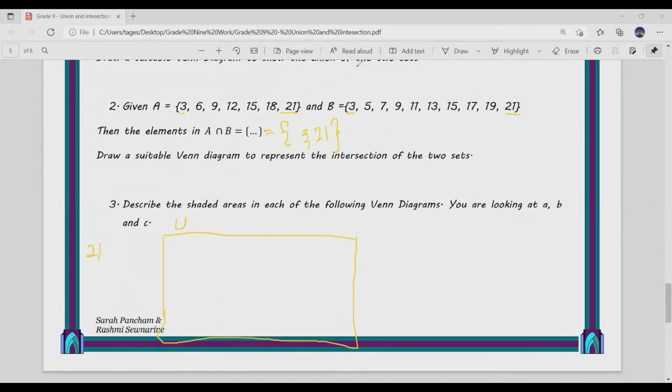We have our circles overlapping each other, so we know what's happening. A is going to be here, and B is going to be here.